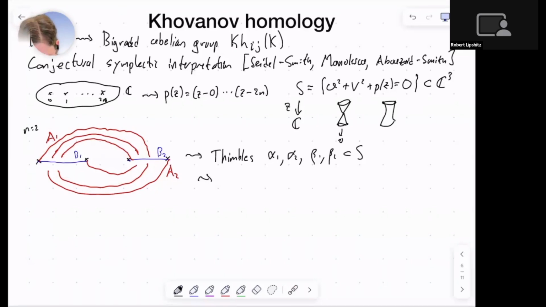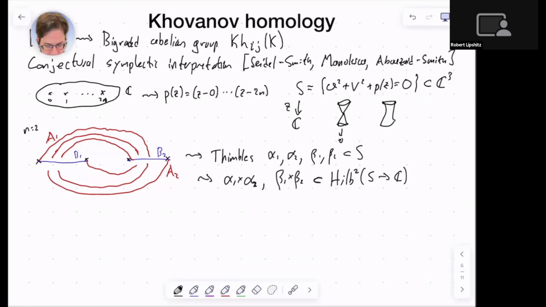And now, if I take S times S, I can think of alpha 1 cross alpha 2 as sitting inside S cross S, and beta 1 cross beta 2 sitting inside S cross S. The construction I want is actually not exactly that. It's a sort of symmetric product or a resolution of symmetric product called the Hilbert scheme of points in S, actually a relative Hilbert scheme.